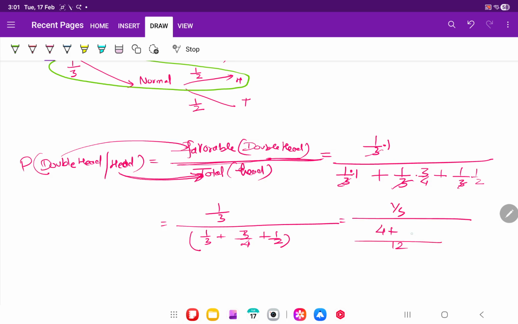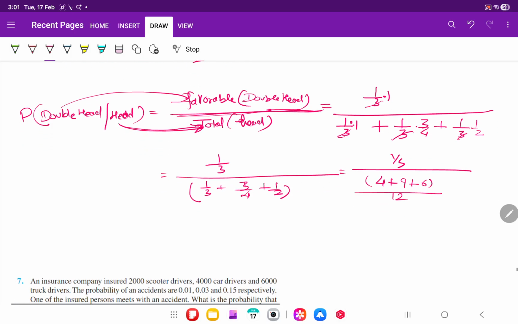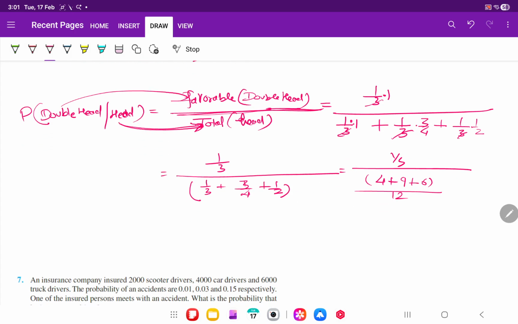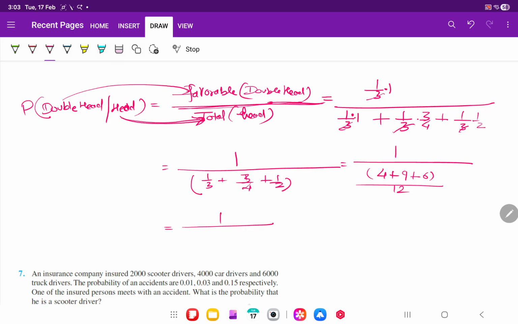So 4 plus 9 plus 6. I'm sorry, in the numerator it is 1 because 3 is gone. Let me write down 1 by, okay, a little bit of correction is there. This was also 1. Please make a slight correction.